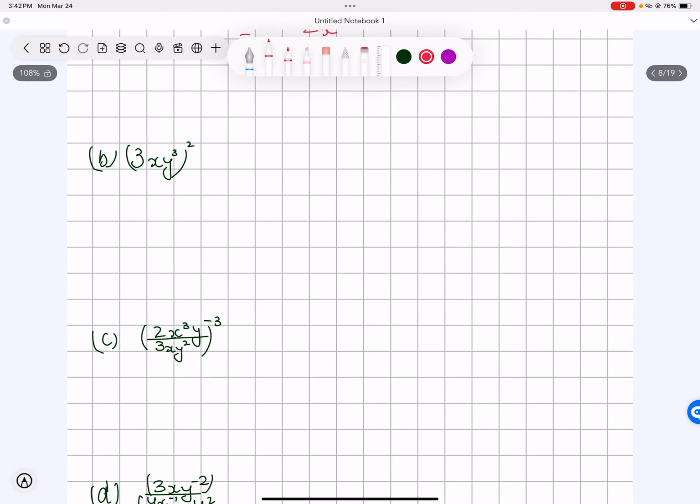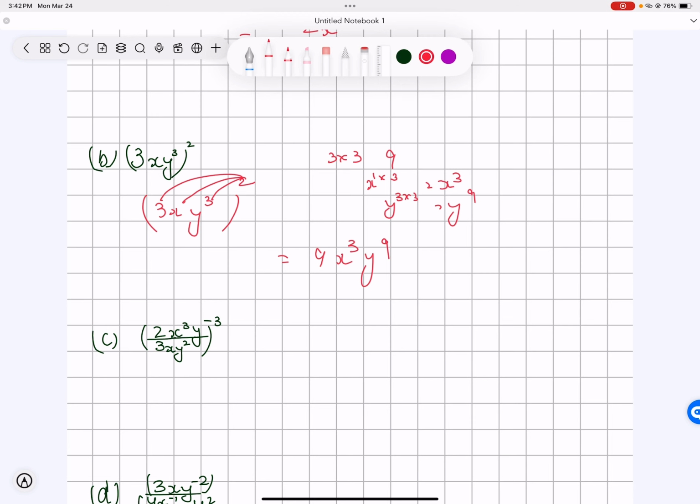And for this, here we have 3x y^3 and then all to the power 2. We're going to multiply everything by 2 here. So we're going to do 3 times 3 is 9, and then x times 3 we get x to the power 3, and y 3 times 3 we get y to the power 9.